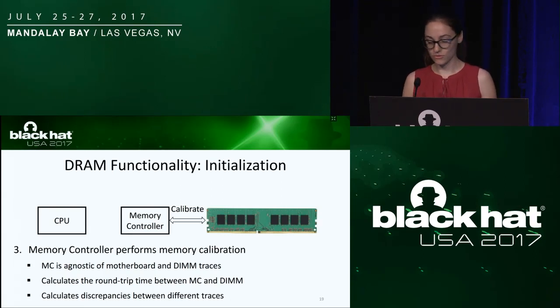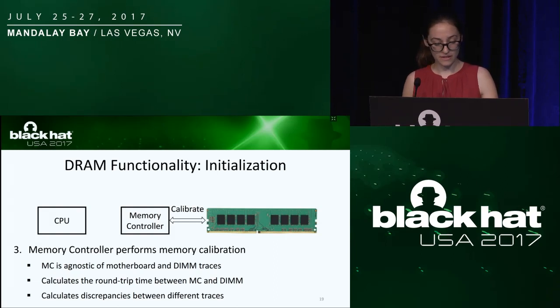So in order to do that smoothly, the memory controller is responsible for calculating what is the round trip time between the time that it issues, let's say, a read request to the DIMM and the time that the data came back from the DIMM.